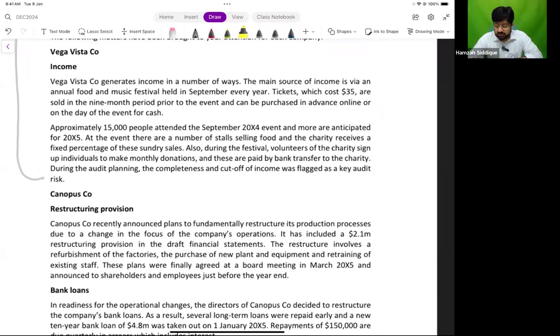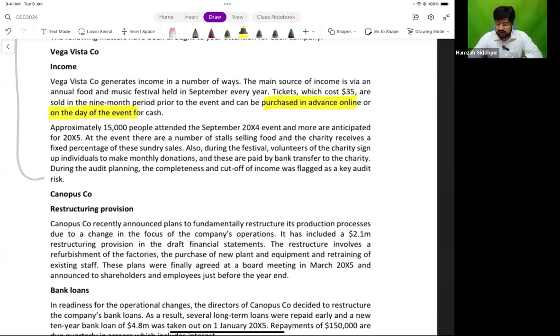The main source of income is via an annual food and music festival, held in September every year. Tickets which cost $35 are sold in the 9 months prior to the event and can be purchased in advance or on the day of the event for cash as well. Both possible, online or on the day.